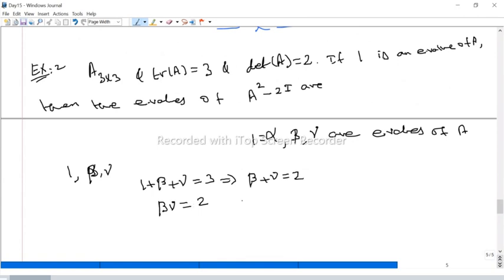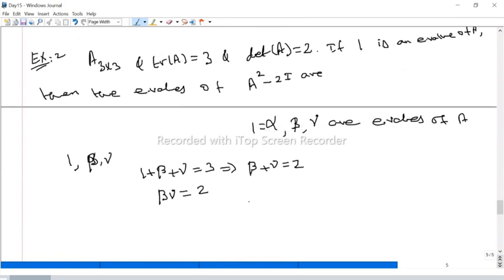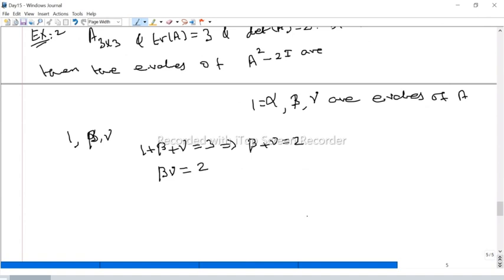Now, what are the eigenvalues of A square minus 2I? We know the eigenvalues of A are 1, beta, gamma. Therefore, the eigenvalues of A square are 1 square, beta square, gamma square.